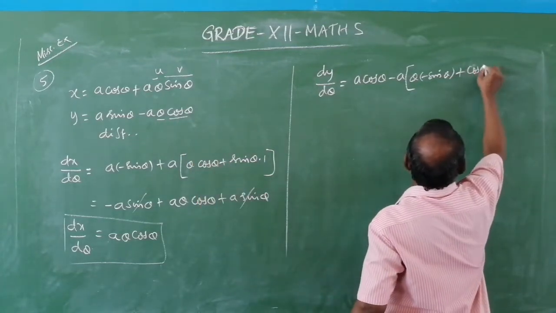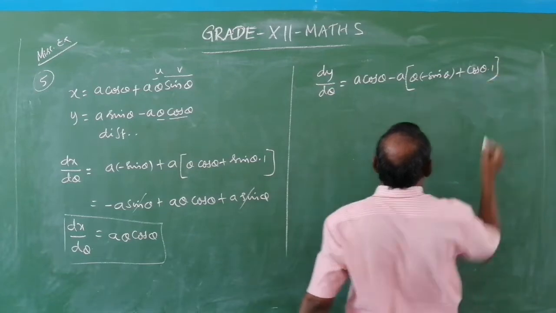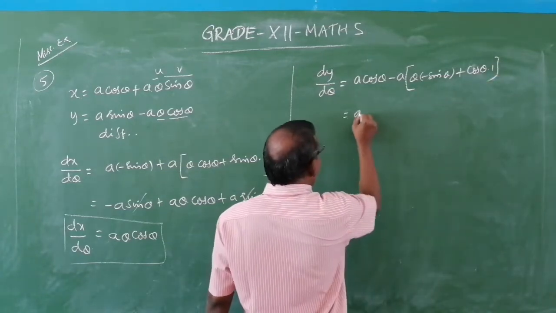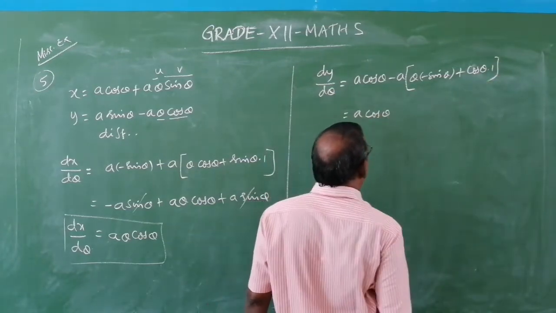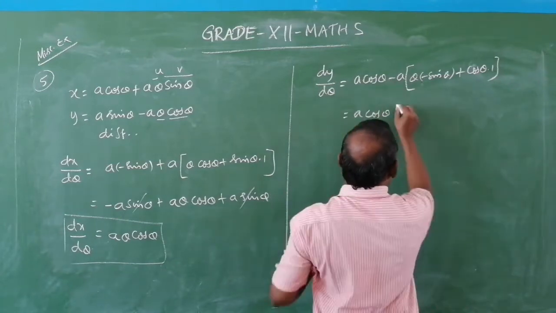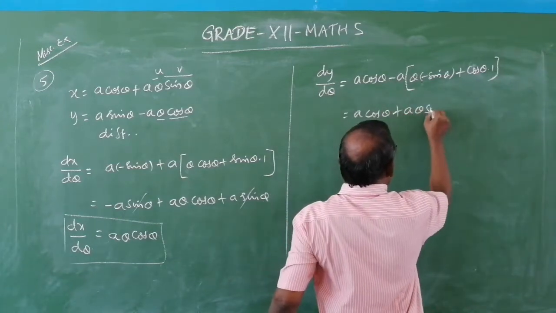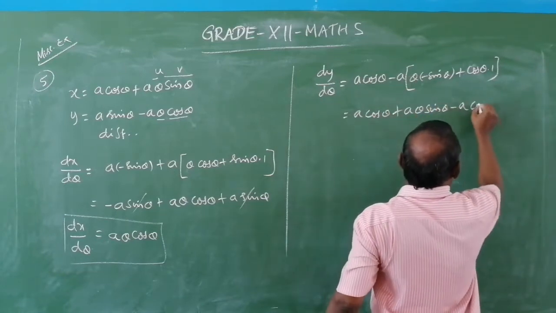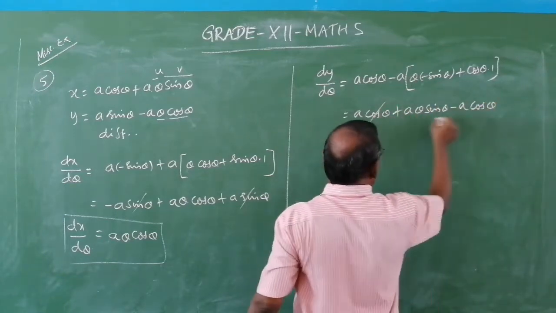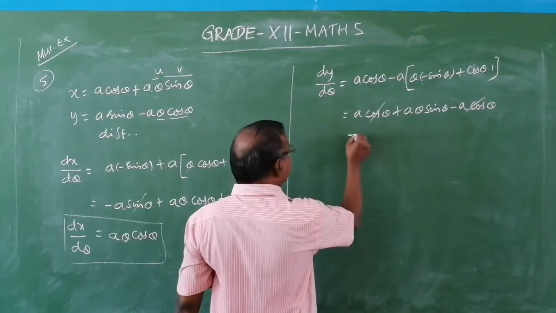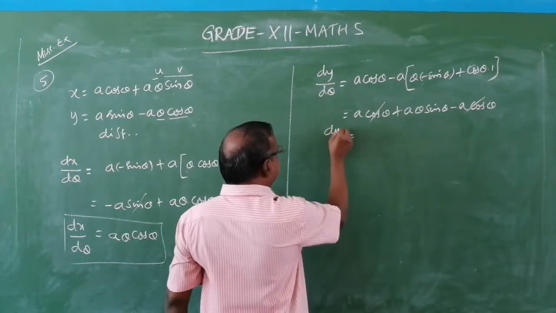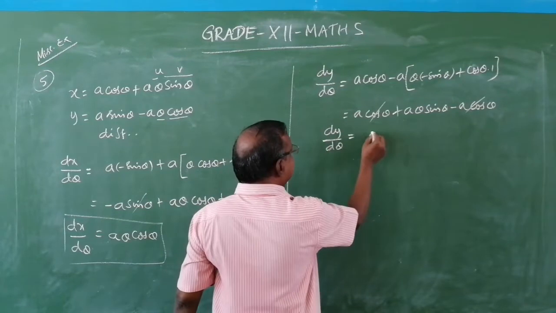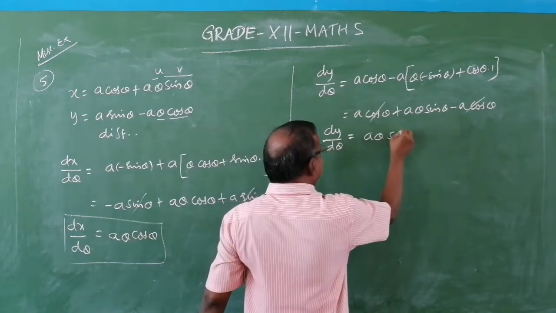So, expanding this, we have a cos theta minus a cos theta plus a theta sin theta. So the value of dy by d theta equals a theta sin theta.